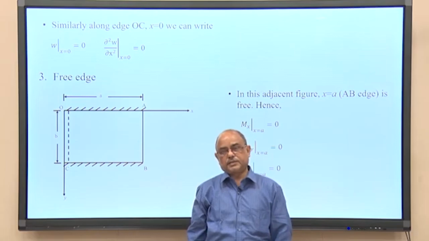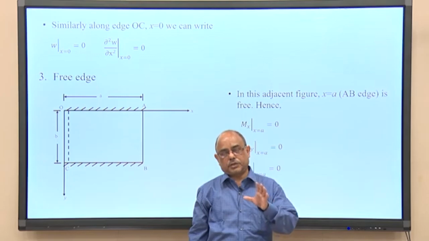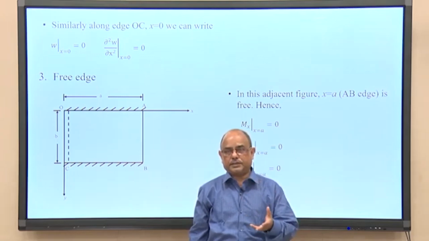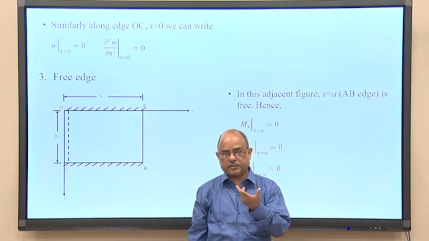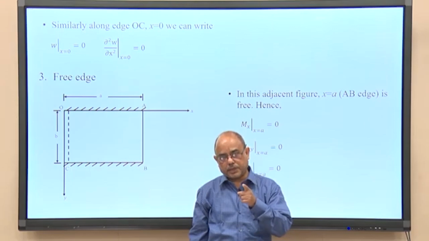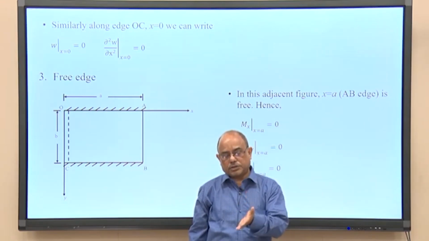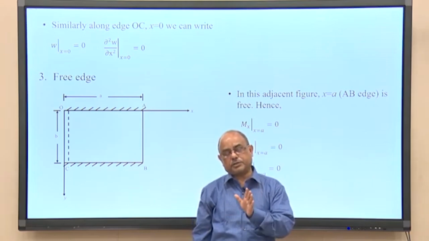At a free edge, though there is no support, the condition imposed is very complex, because at the free edge we know that forces or stresses vanish. Therefore, the force boundary conditions have to be imposed on the free edges, not geometric boundary conditions, because at the free edge both slope and deflection cannot be 0.